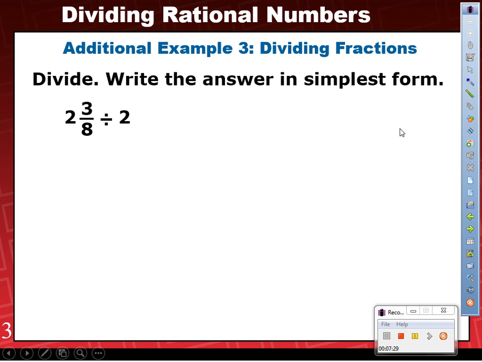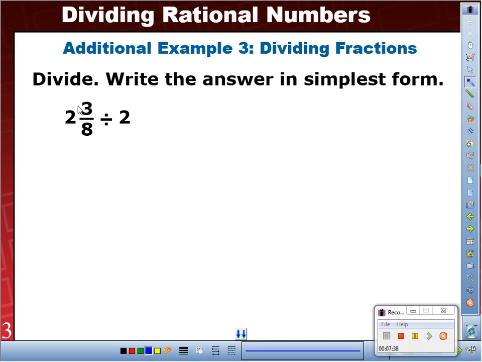Copy this one, example 3. Copy it first. Example 3 says 2 3/8 divided by 2. Okay, Josh, what do I do here?